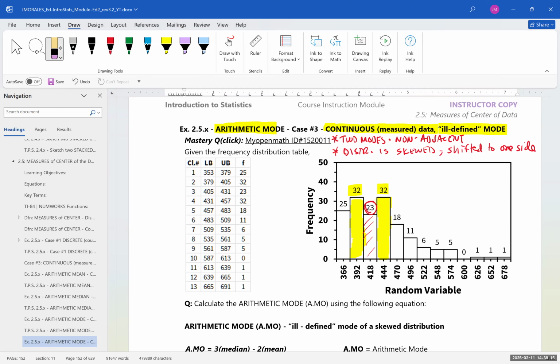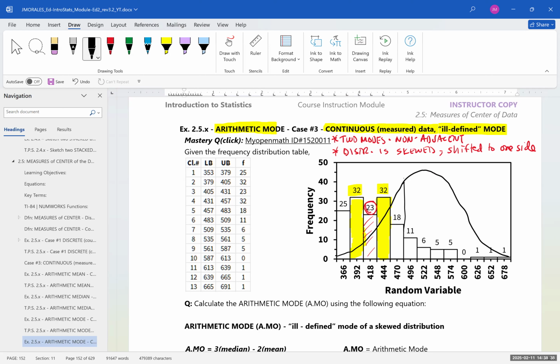You can use this formula in an ill-defined skewed distribution, okay, with ill-defined modes and the distribution is skewed. You would not be able to use this if the distribution looked symmetrical. So if it looked something like that.